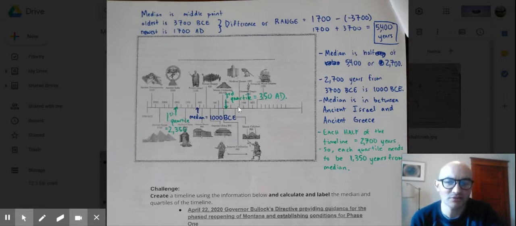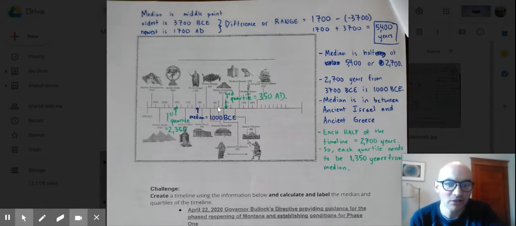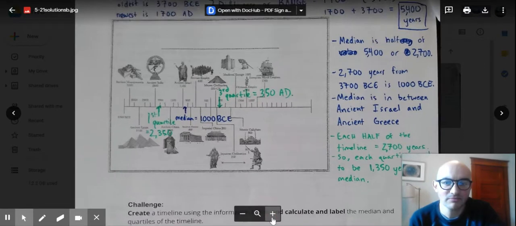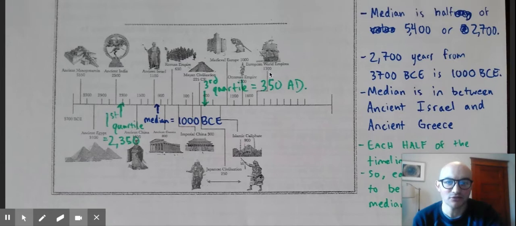And it works its way from past over here on the left-hand side, further toward the present as we move right. And the last important date we have on our timeline is this mark here, European World Empires and the year 1700.